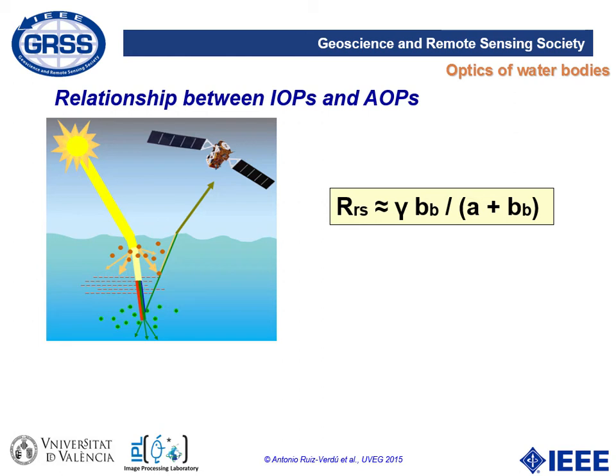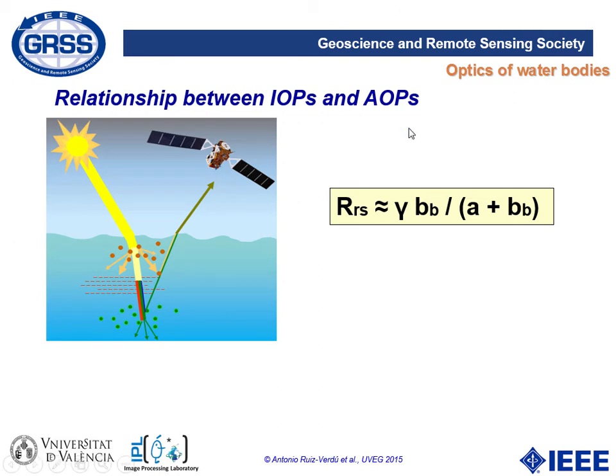This is a basic equation of the radiative transfer process in waters, which correlates the remote sensing reflectance through a pseudo constant depending on several factors: the observational geometry, the geometry of the sun, wind, and others. So it's not a true constant, but it's rather constant under certain circumstances.